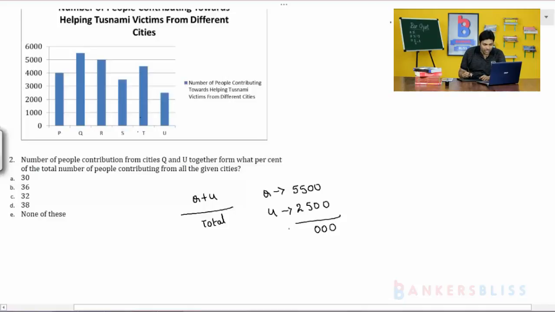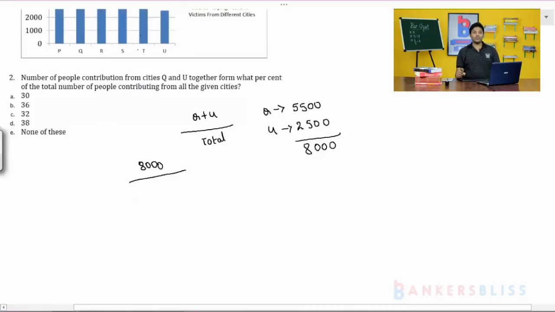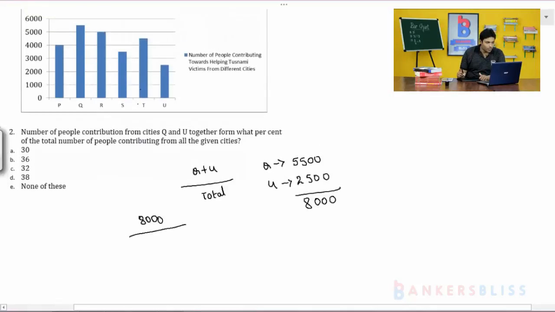You are going to get 8000 people. So 8000 divided by the total. How much is the total? Total means P plus Q plus R plus S plus T plus U. So P is 4000, so 4000 you take directly.